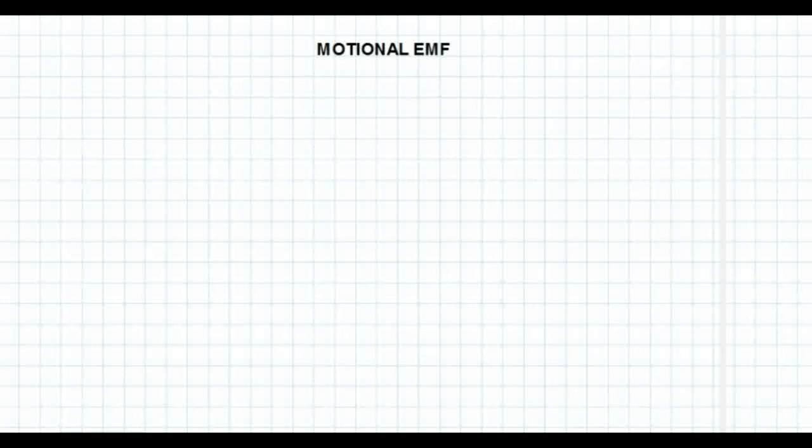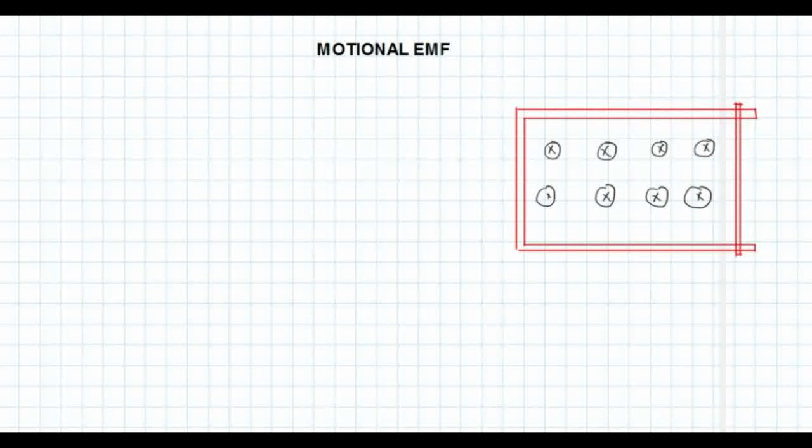So for that we have an arrangement of a metal frame as shown here. The sides of the metal frame are P, Q, R and S. Here the side RS can be slided over this frame.